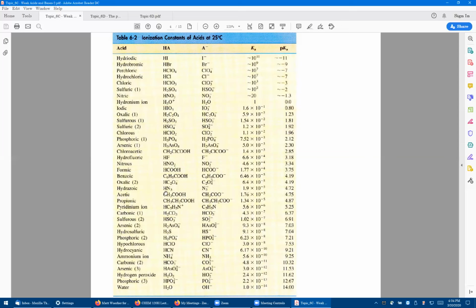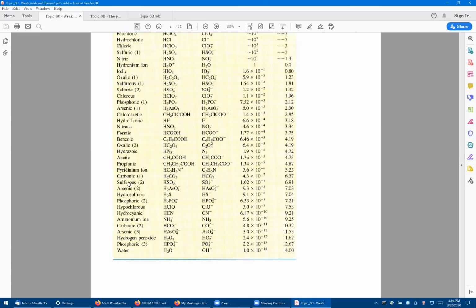The acetic acid HA is CH3COOH, and the conjugate base is the acetate ion, which is this. And the Ka is about 1.8 times 10 to the minus 5. That's a number you'll eventually remember because it comes up so often. And so the pKa for acetic acid is 4.75.